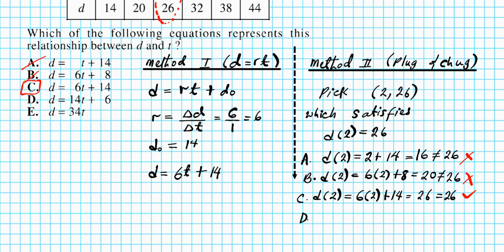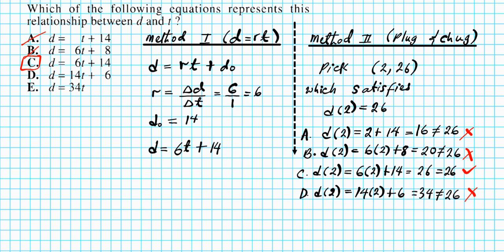So we're going to move on to D. Test it out. D of 2, what results there? We have 14 times 2 plus 6. 14 times 2 is 28, plus 6 is 34. 34 clearly is not equal to 26. That is another fail. Last option is option E. What is D of 34?